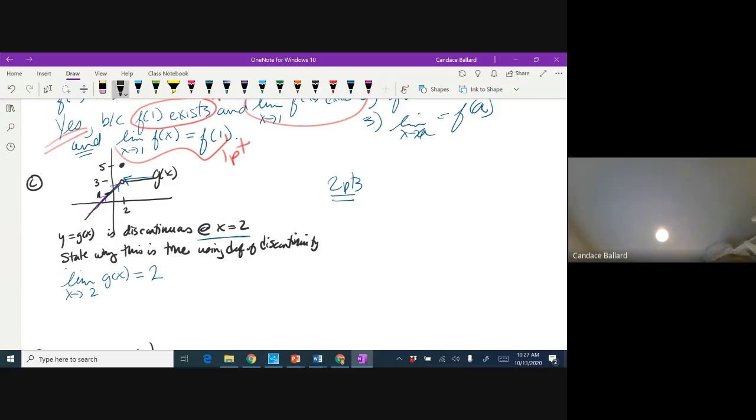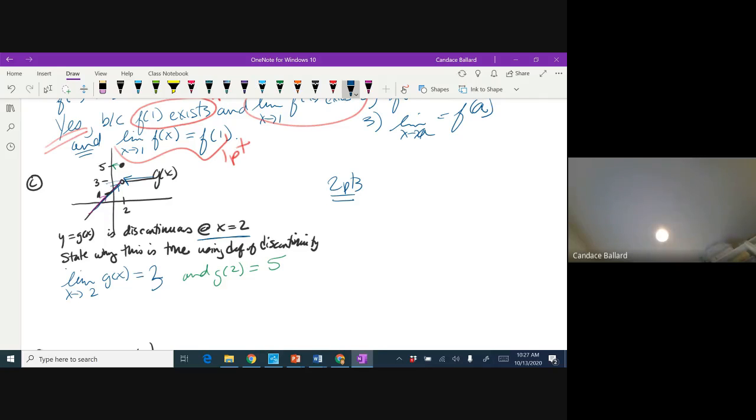All right, so now I'm going to actually go for what is the value of g of 2. So g of 2 equals, I am looking at 2, I'm looking for something solid. The only thing solid I see is that dot. So you'll notice that my limit does not equal, and I put a 2 and I should have put a 3, huh? Sorry, but it's up at 3. So you'll notice my limit does not equal my value at that point. So therefore, it cannot be continuous.